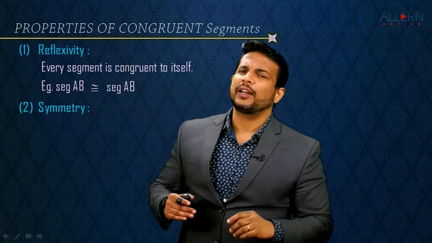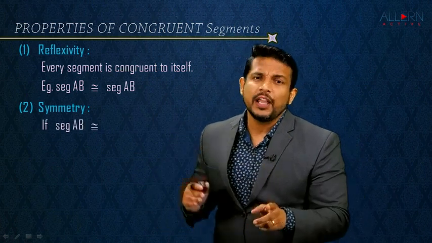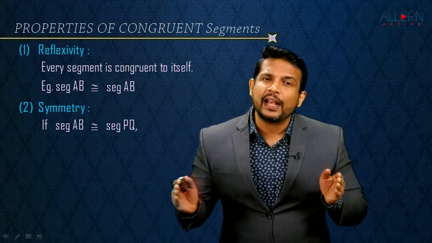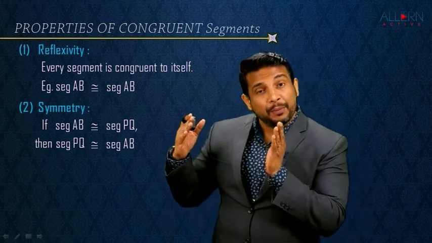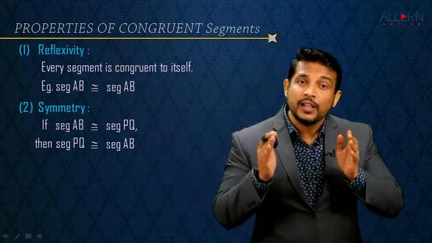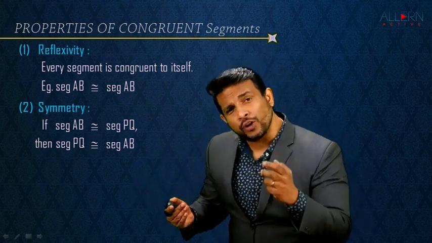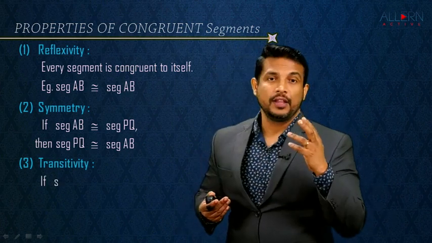The next one is the property of symmetry. What does that mean? It's very simple. If segment AB is congruent to segment PQ, it means that segment PQ is congruent to segment AB. That means first segment congruent to the second, second is congruent to the first. It's so simple. And the last and the most important property is the property of transitivity. Now that's very important.